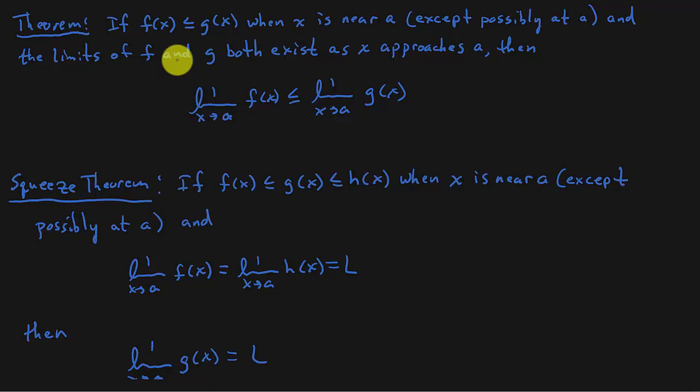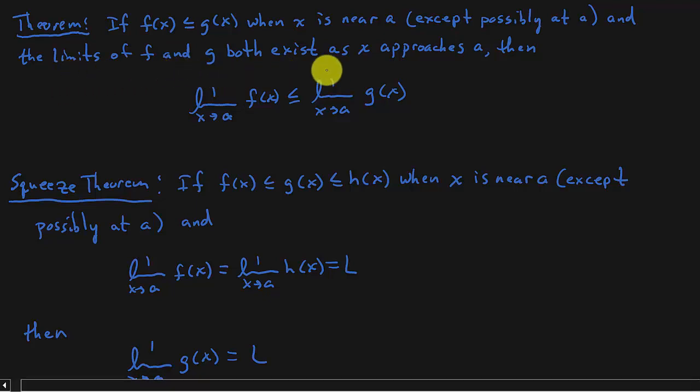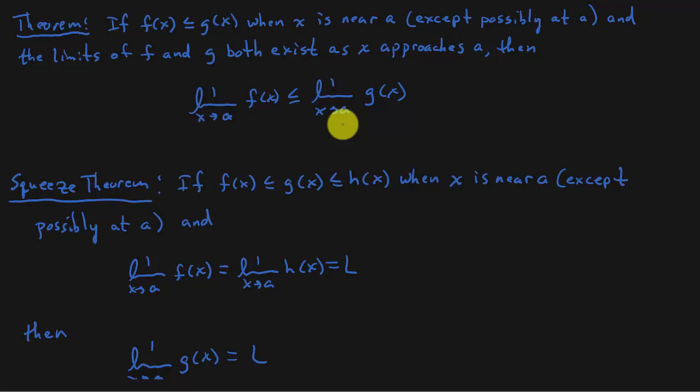Okay, and the limits of f and g both exist as x approaches a, then the limit of f of x as x goes to a is less than or equal to the limit of g of x as x approaches a. All right, so if one function is less than or equal to another function, then its limit is also less than or equal to the limit of that other function. And so this is going to lead us to the squeeze theorem.